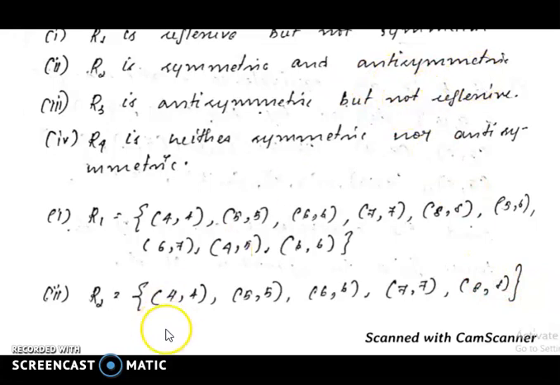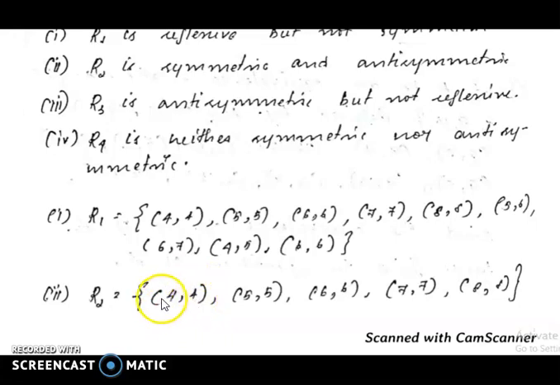Or we can define it like this: A comma B belongs to R, B comma A does not belong to R. Or if it belongs to R, then they will be equal. A comma B belongs to R, B comma A belongs to R, then A is equal to B. That is the only option. 4 comma 4 is here.